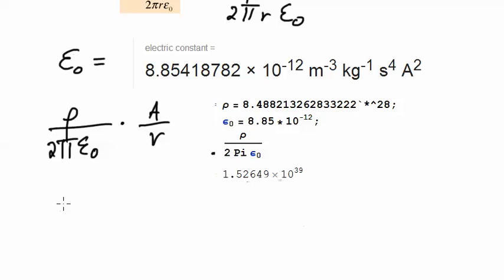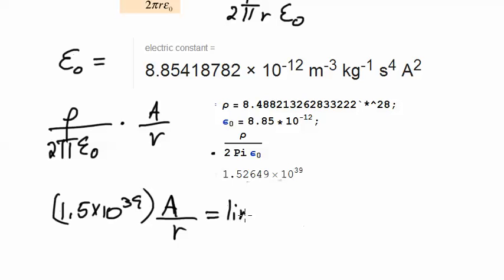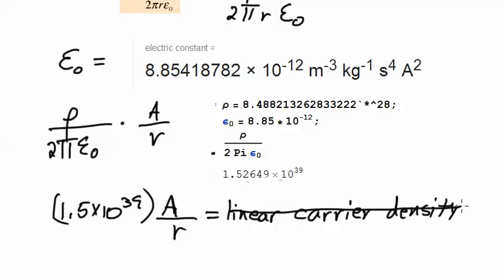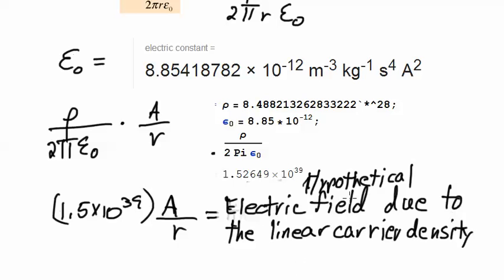Let's call it 1.5 times 10 to the 39th times the cross-sectional area of the conductor divided by the distance from the center of it. And that is the linear carrier density. No, it is not. That is the hypothetical electric field due to the linear carrier density, which would be in newtons per coulomb.